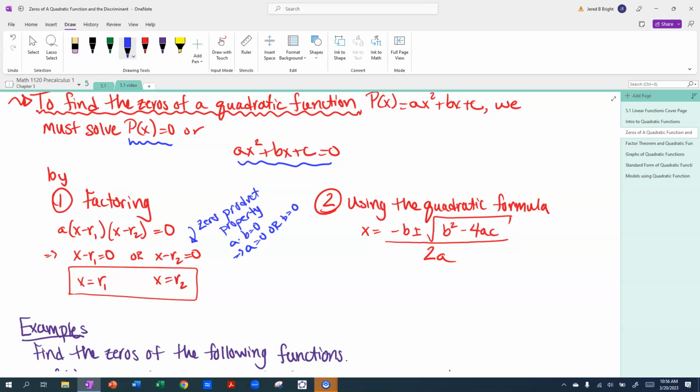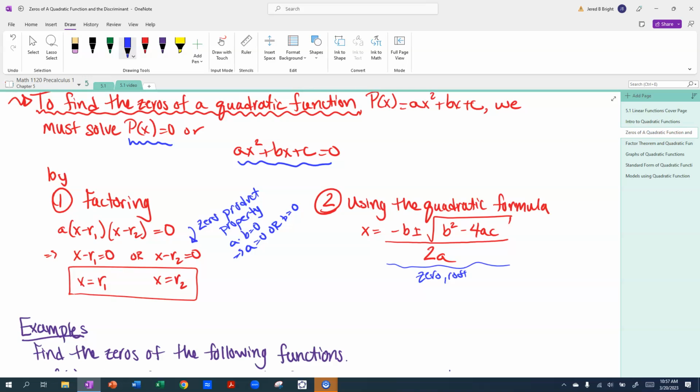The other tool that we have in our toolkit is the quadratic formula. The values of x, your roots or zeros, are just going to be whatever x is equal to on the other side. You see there's a bunch of a's, b's, and c's in here.